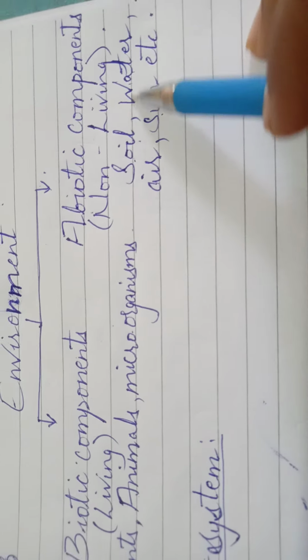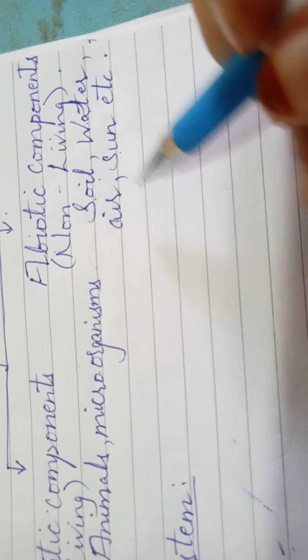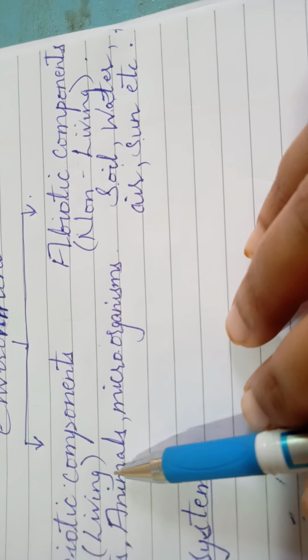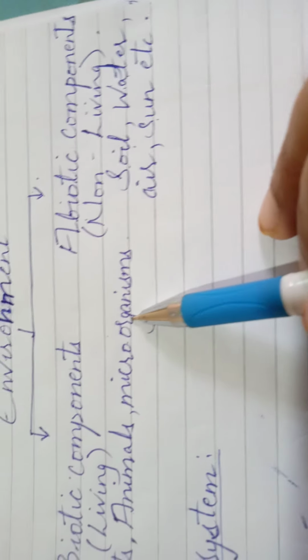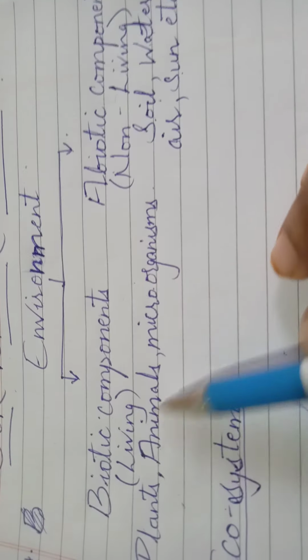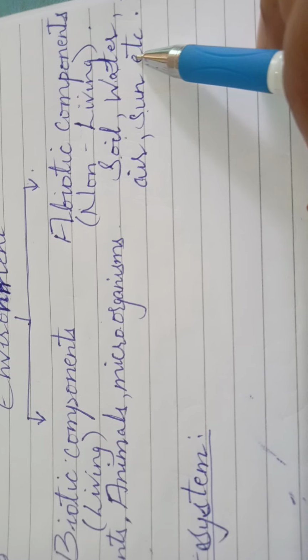Animals are responsible for carrying the seeds and different kinds of minerals, and the different activities performed by animals are responsible for the development, or you can say utilization, of these resources. Similarly, microorganisms break down the dead bodies of dead plants and animals and convert them into manure for the soil, increasing its fertility, right?